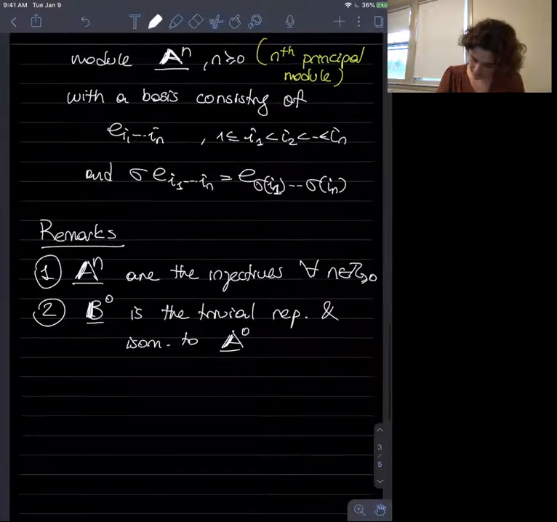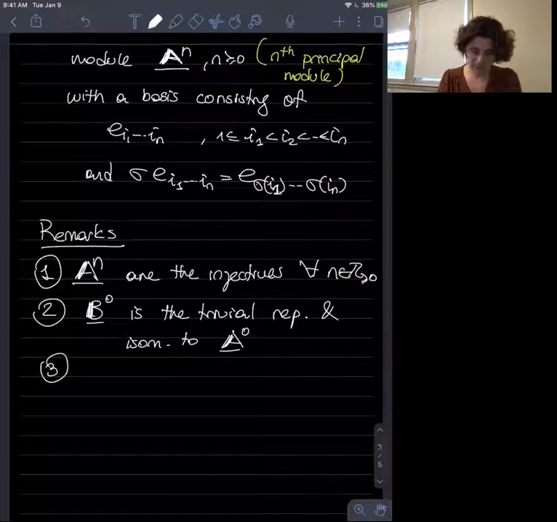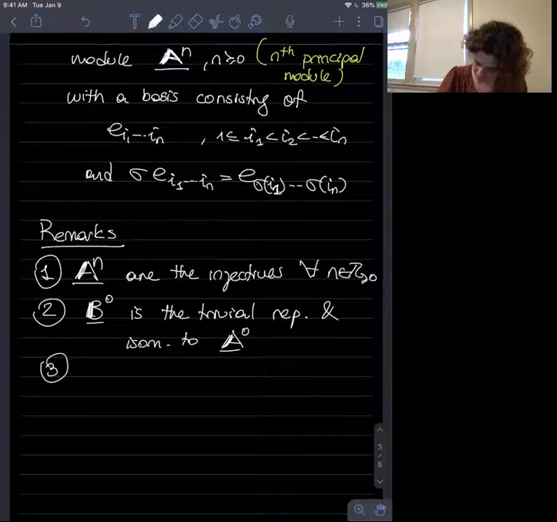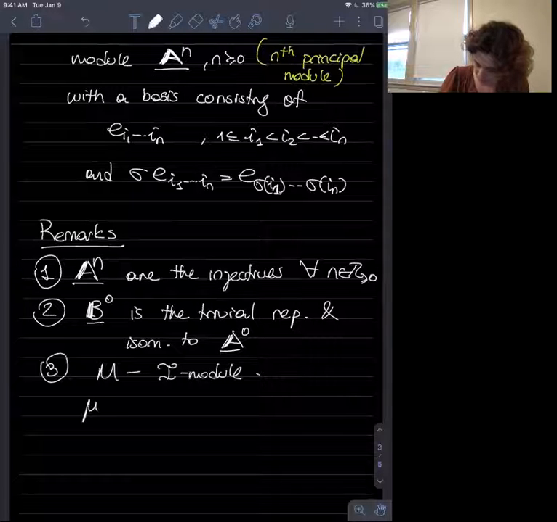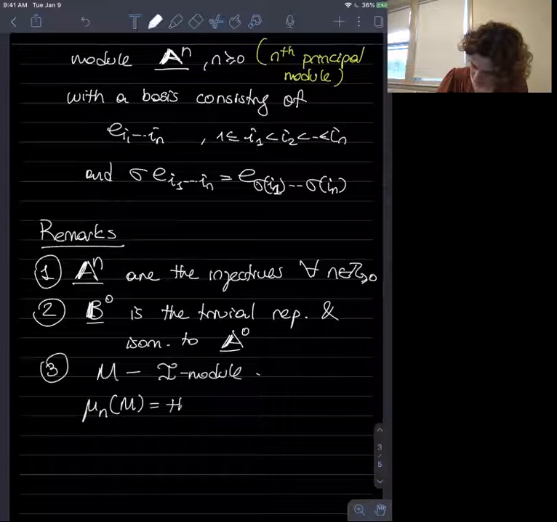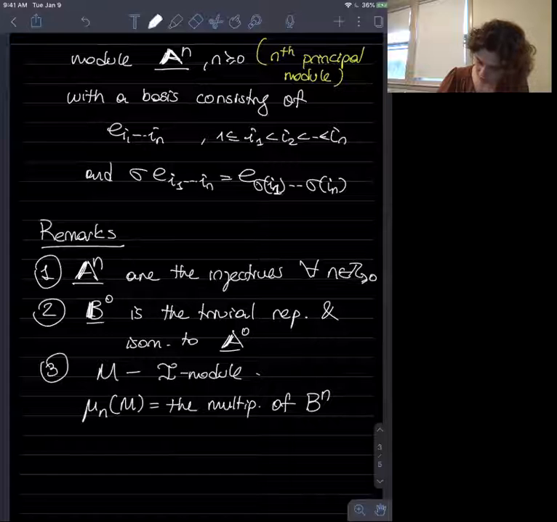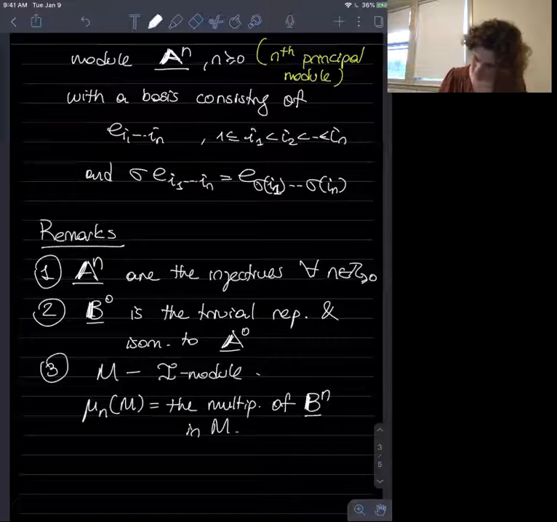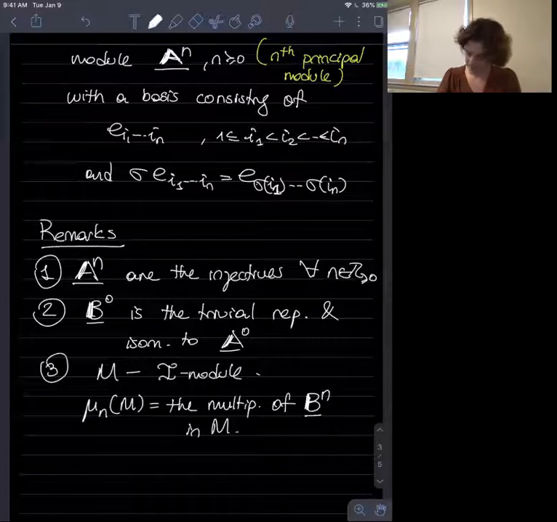All right, the third remark is we introduce an invariant for any I module. So let's say M is an I module. Then we were able to define a multiplicity notion. The multiplicity of the simple module concentrated in degree n in M is what we refer to as the nth multiplicity of M, right?